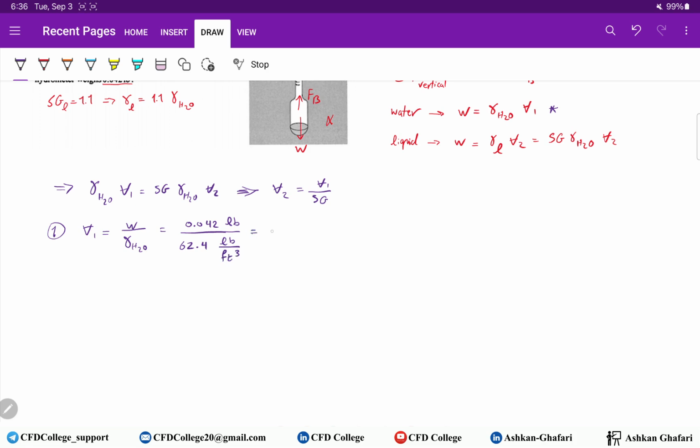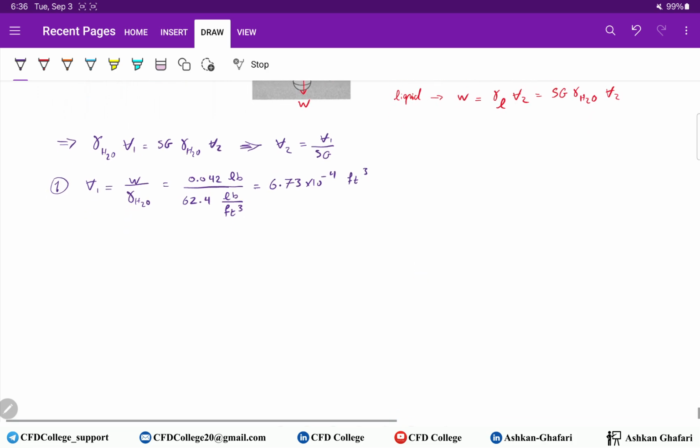So V1 equals 6.73 times 10 to the minus 4 cubic feet. And we can find V2 now. We know V2 equals V1 over Sg, V1 over 1.1, so V2 equals 6.12 times 10 to the power minus 4 cubic feet.